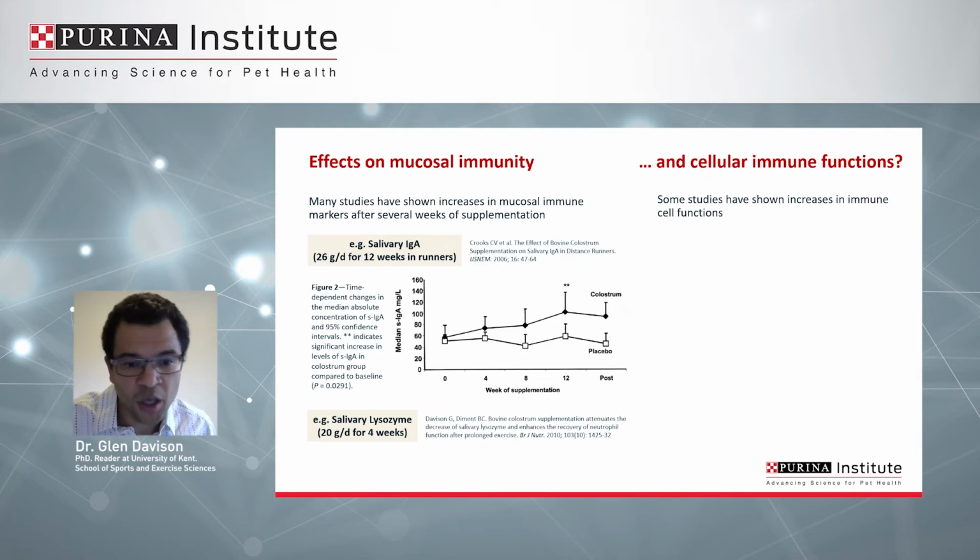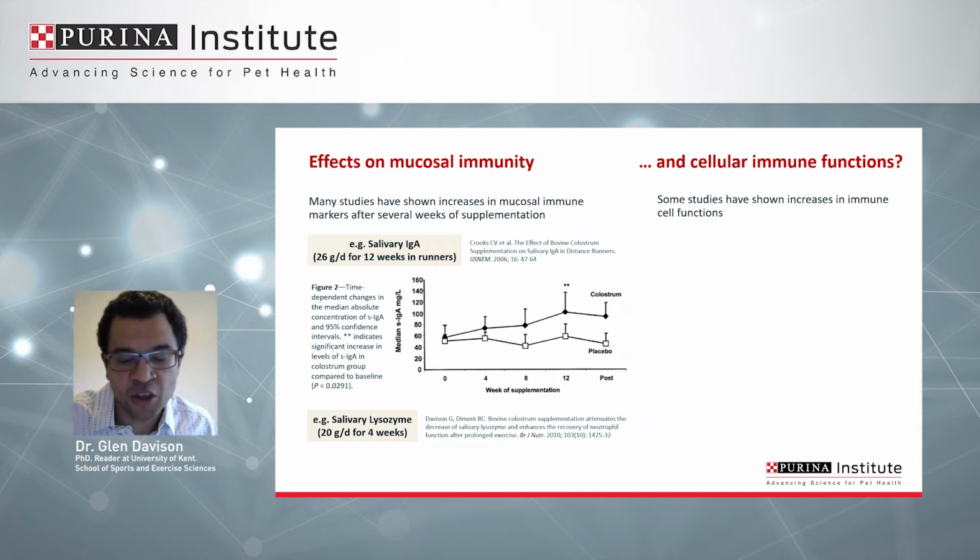And generally speaking, higher levels of this in mucosal secretions would tend to indicate a better defense via this particular mechanism. And what we've seen in human studies here is that individuals who take daily supplementation with bovine colostrum for several weeks have shown an increase in this marker in mucosal secretions such as saliva. So that's what the top graph there shows, a study with 12 weeks of daily supplementation in a group of endurance runners.